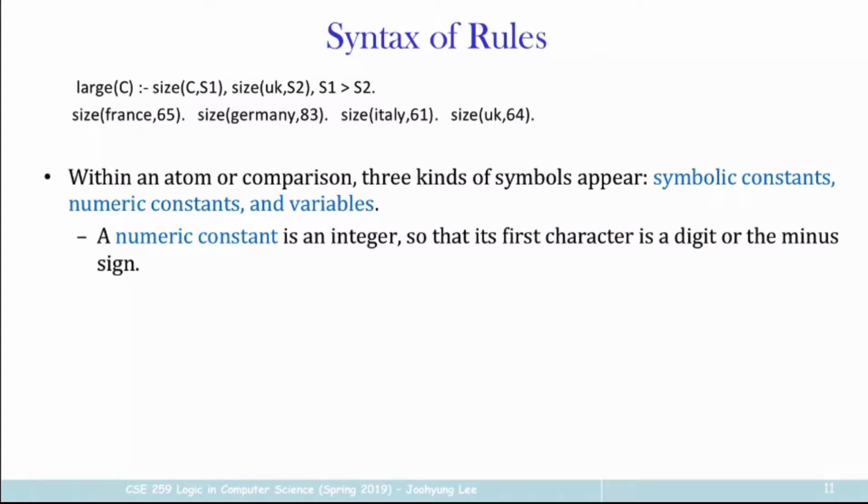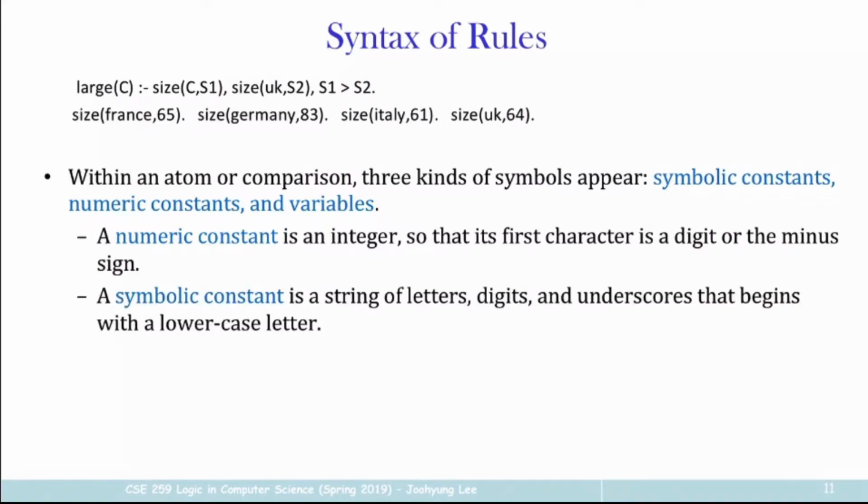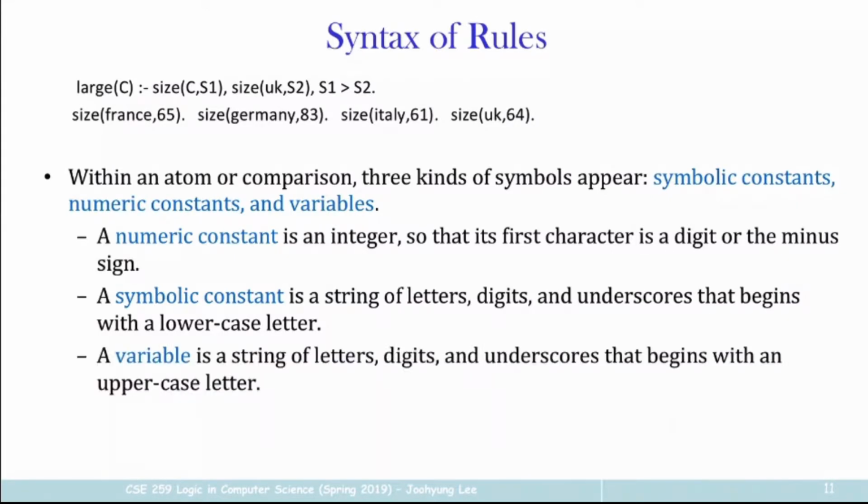And you can distinguish which is which by looking at the first character. A numeric constant is an integer, so its first character must be a digit, or maybe a minus sign. A symbolic constant is a string of letters, digits, and underscores that begins with a lowercase letter. A variable, like C or S1, starts with an uppercase letter.